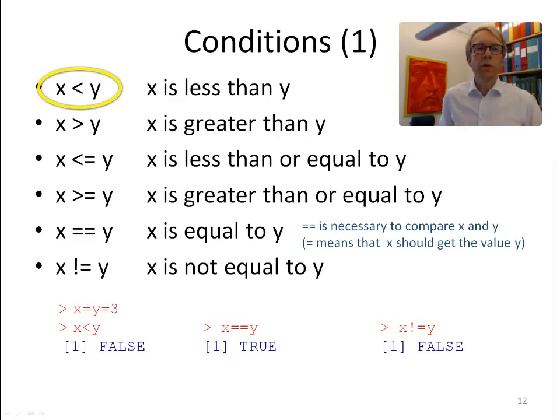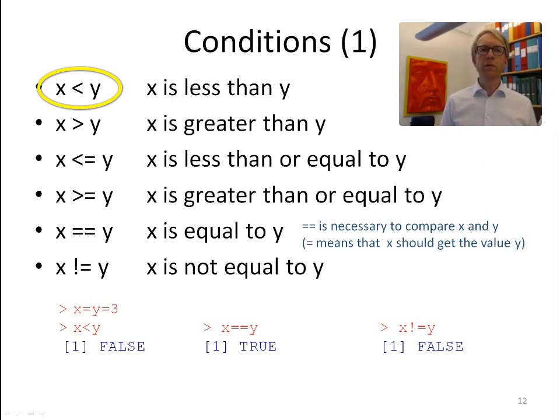So in the first example, you can type x less than y, and if x actually is a smaller value compared to y, then you get true returned from R. If this condition is not true, then you get false.